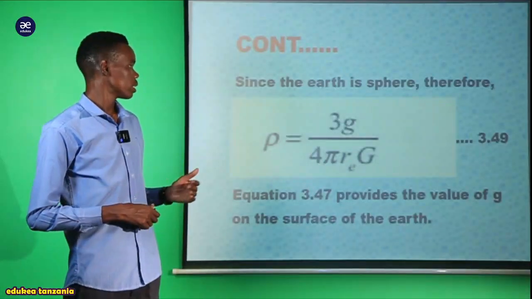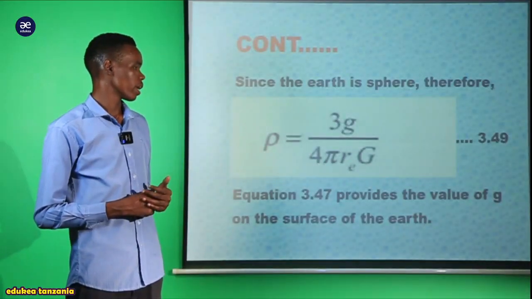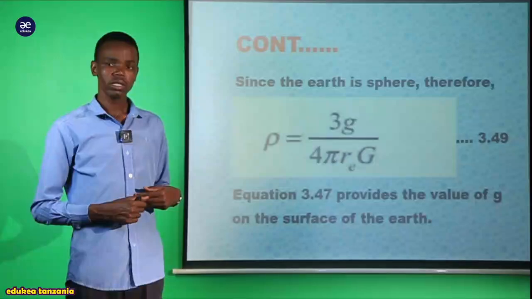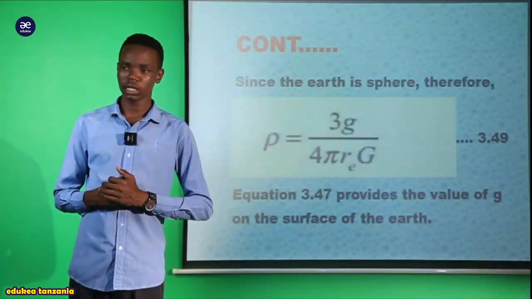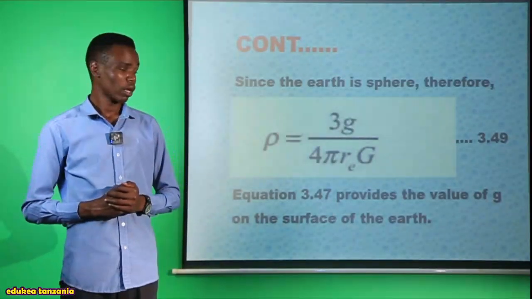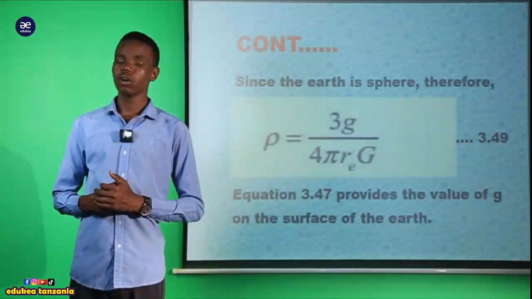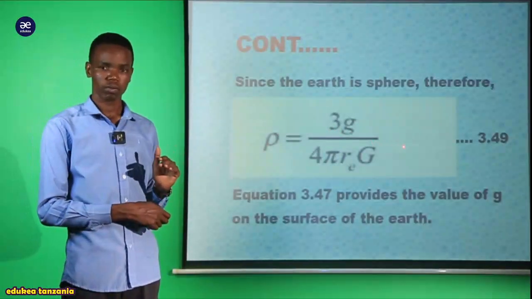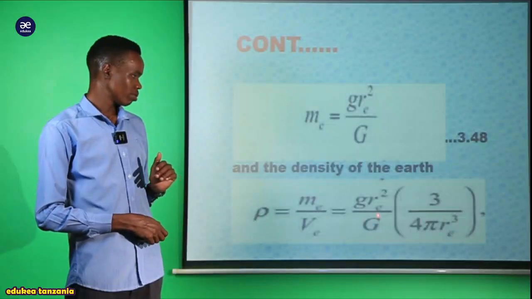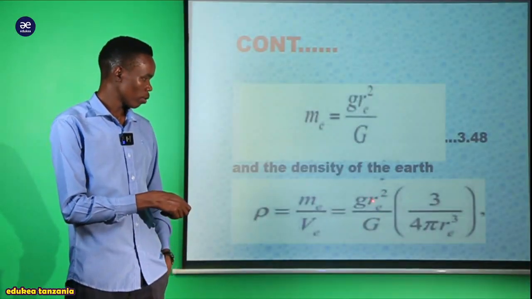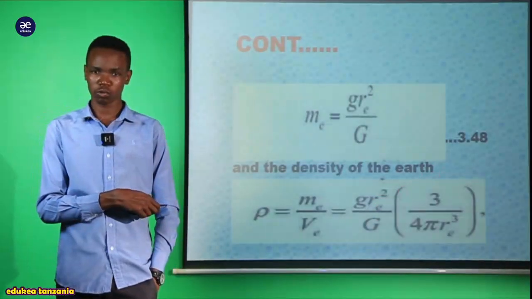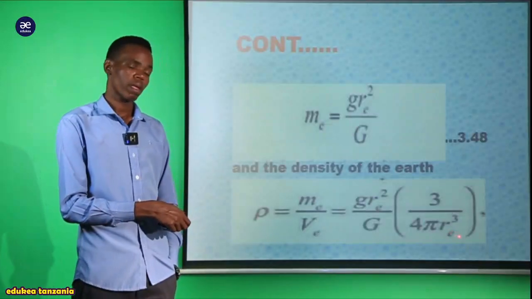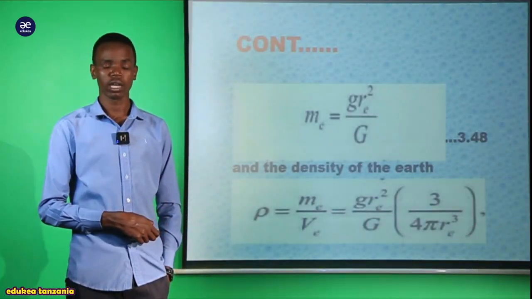So my dear student, because we know that the Earth is a sphere, the density of the Earth must be equal to 3g. As you can observe here, at the top we have the radius of the Earth squared, but at the bottom we have the radius of the Earth cubed.